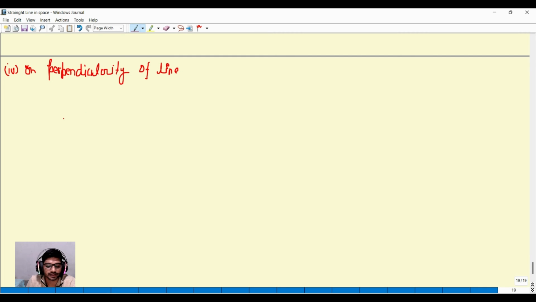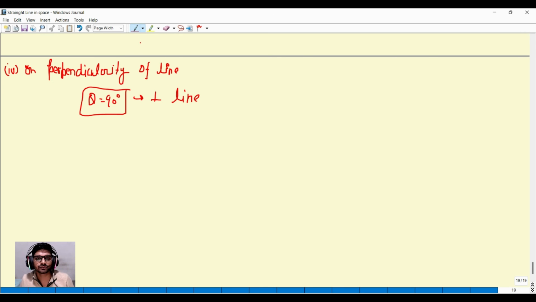If the angle between the two lines is 90 degrees, that is, if theta equals 90 degrees, this will result in perpendicular lines. Okay, so how can we find whether the two given lines are perpendicular or not?